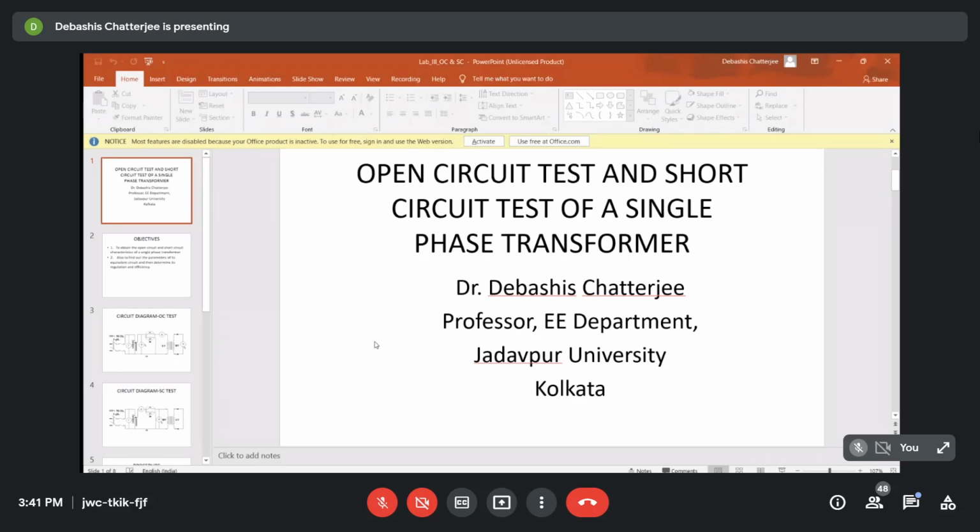It will have some primary elements like R, L, and C, predominantly R and L actually. In the equivalent circuit there are 6 such parameters that are to be determined through these tests.